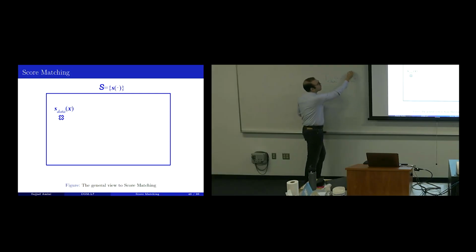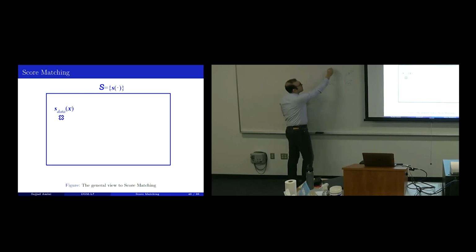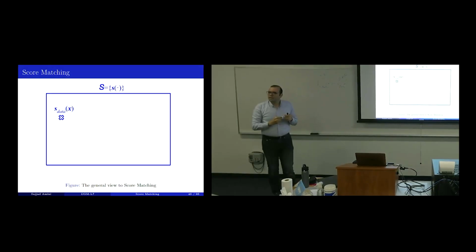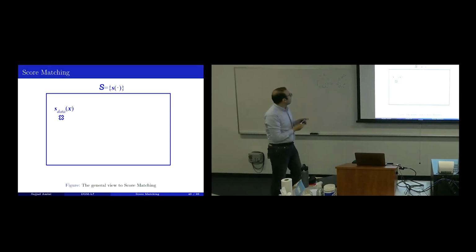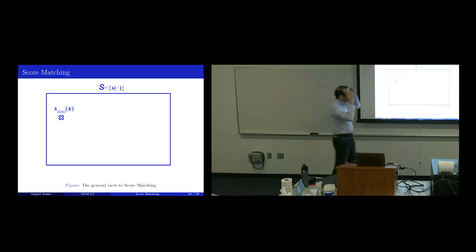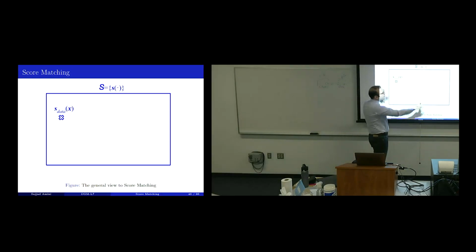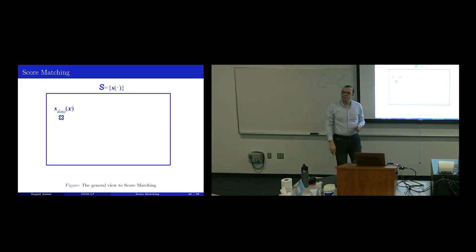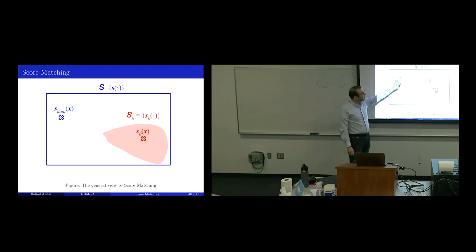This score function is of dimension D. So I can consider a complete family of score functions related to my data, and one of them is the best one for me.